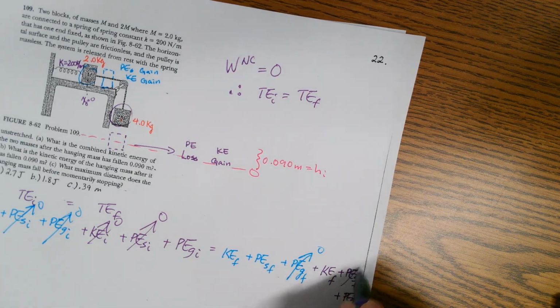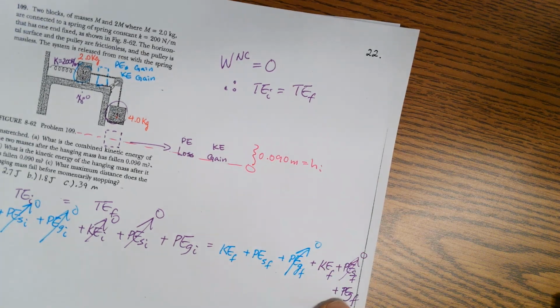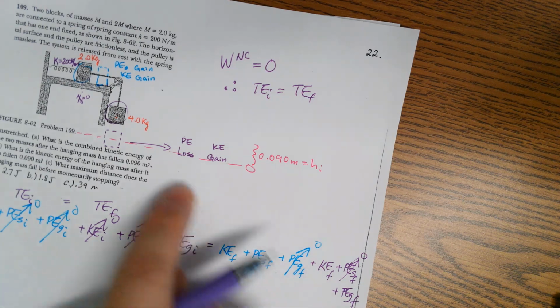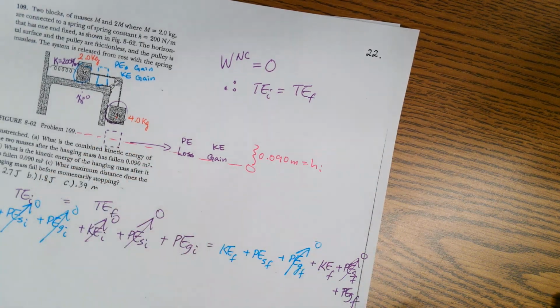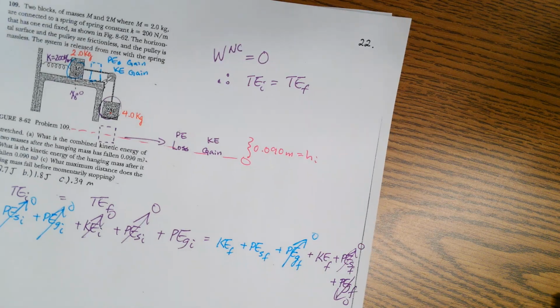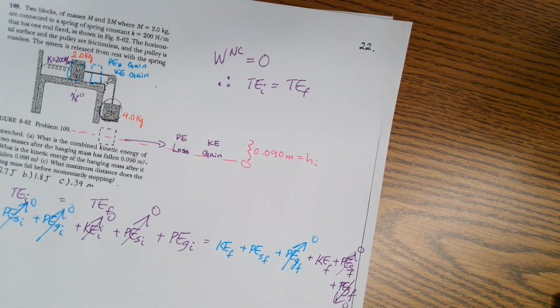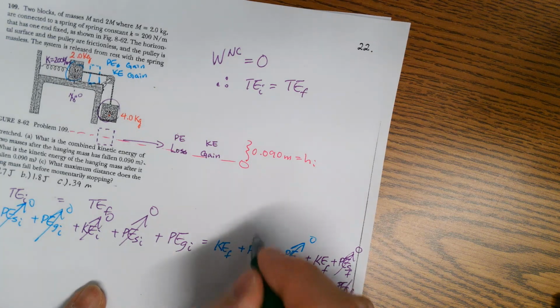No. Do we have potential energy gravitation final for the purple block? No, because we consider this to be our zero, so we have no gravitational potential energy. So the only thing that's remaining are just these.